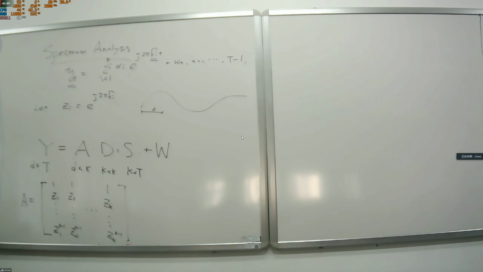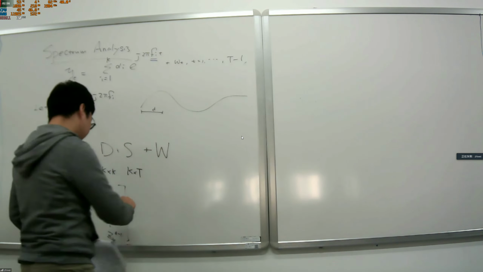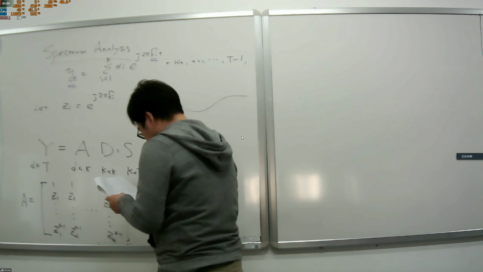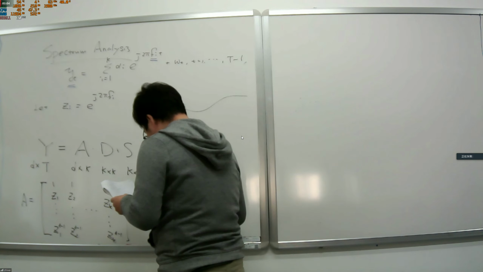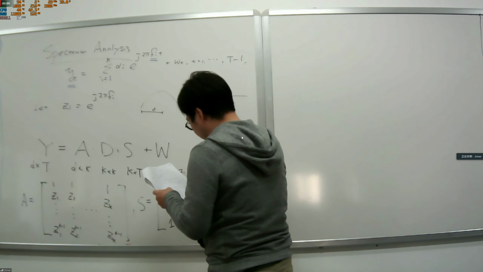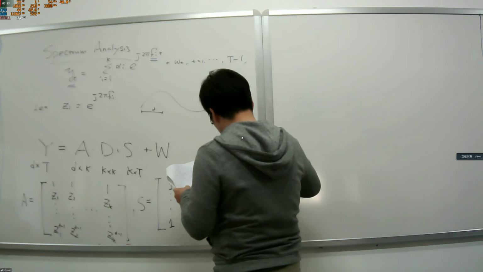A is a matrix like this, which is D by K. And similarly S is like a transpose version of A, but with the dimension not the same.